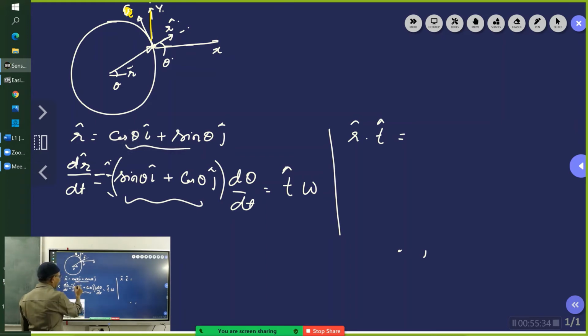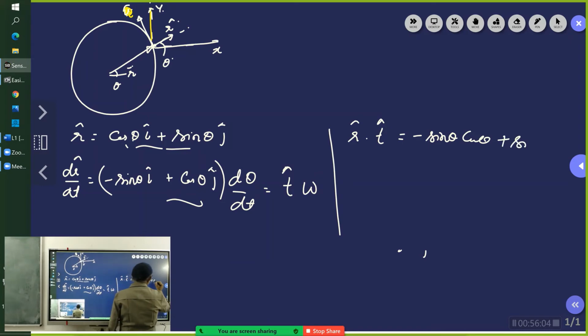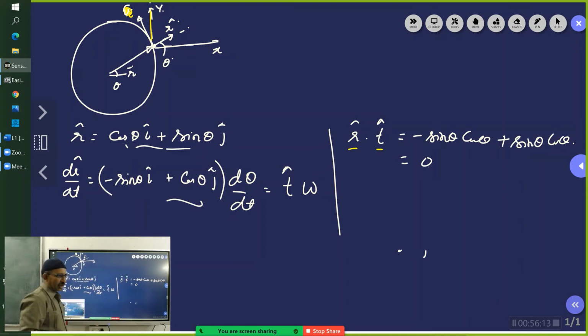So what happens here? cos theta into minus sin theta, and sin theta into cos theta. Minus sin theta cos theta plus sin theta cos theta will be 0. What is your inference? The dot product of two vectors is 0. They are perpendicular to each other.